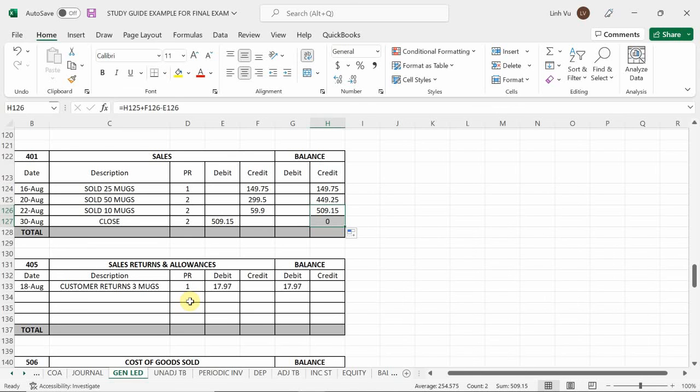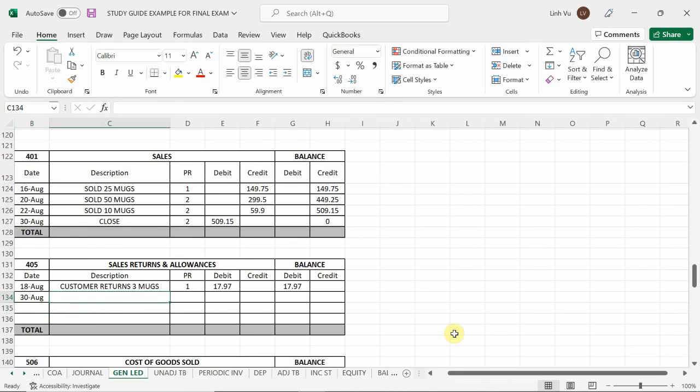It's a contra account, right? Right. So for instance, if sales is normally credited, I have to debit the account. So if sales returns and allowances is a contra account, which is normally debited, how do I close out this account? We're going to credit it. You need to credit it, yes. So in this case, I'll go ahead and do it right now. 831.